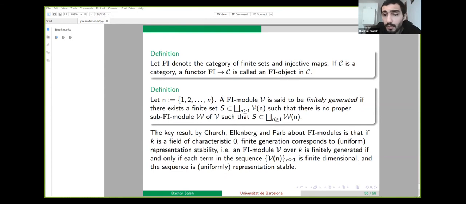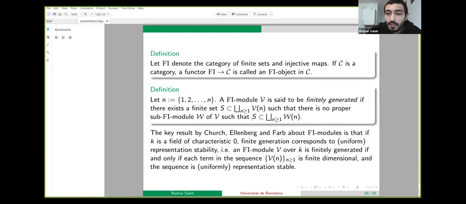An FI module V is said to be finitely generated if there exists a finite set S in the disjoint union such that there is no proper sub FI module W of V such that S is also a subset of this submodule.